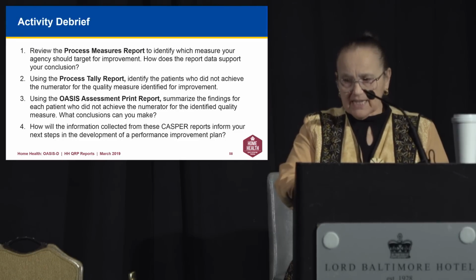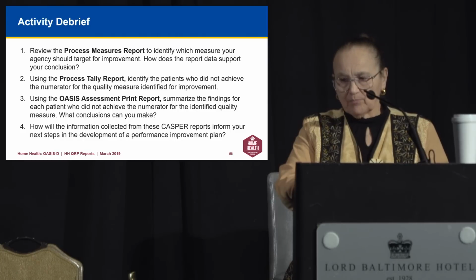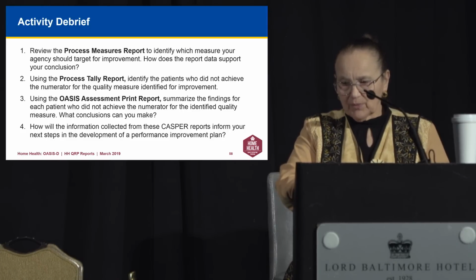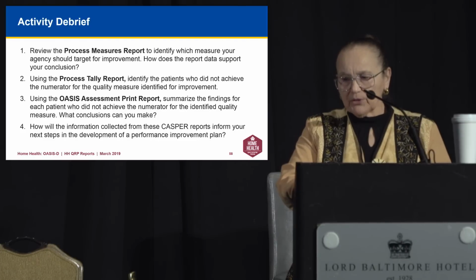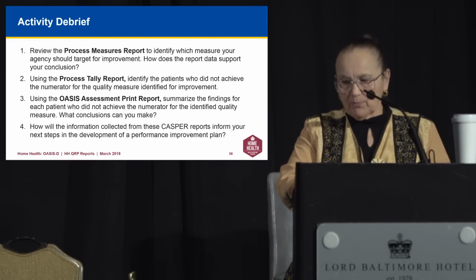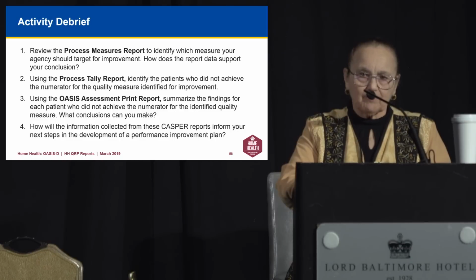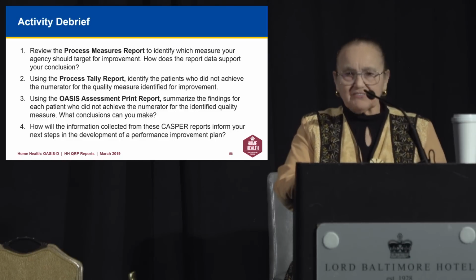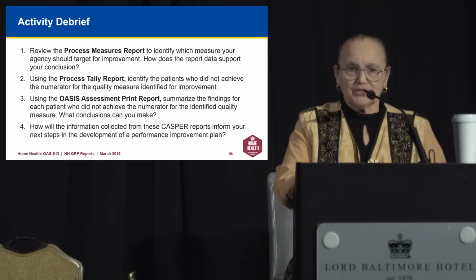Use the process tally report to identify the patients who did not achieve the numerator for the quality measure identified for improvement. Use your OASIS assessment print report to summarize the findings for the patients who did not achieve the numerator, and think about how you will use this to inform your performance improvement plan. We'll get back together in 15 minutes at exactly 1:45.